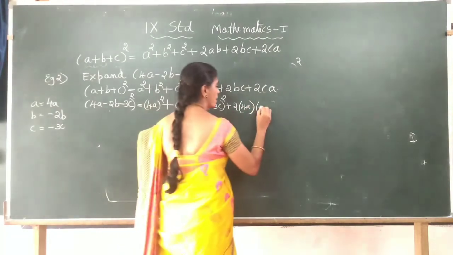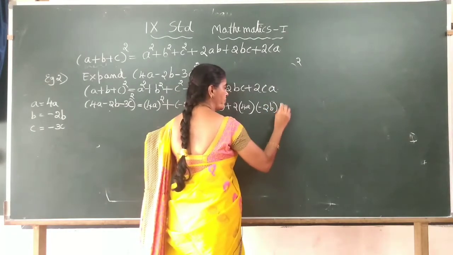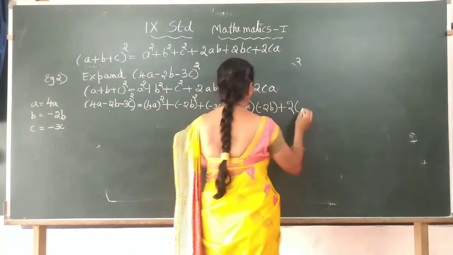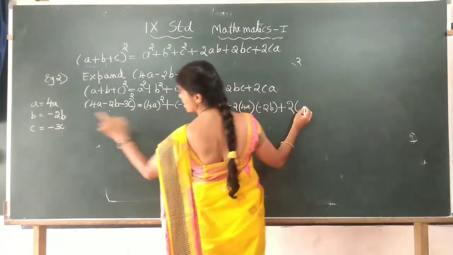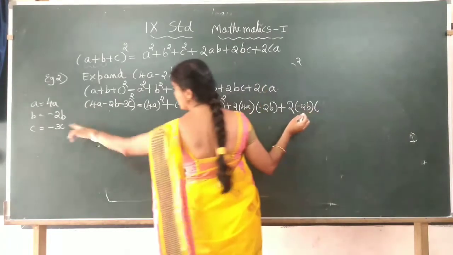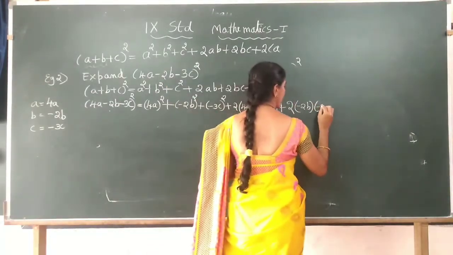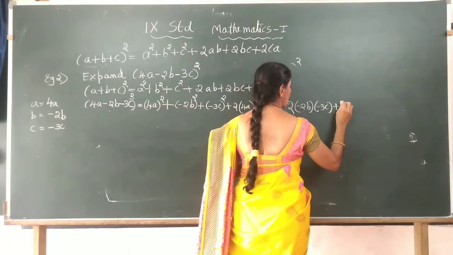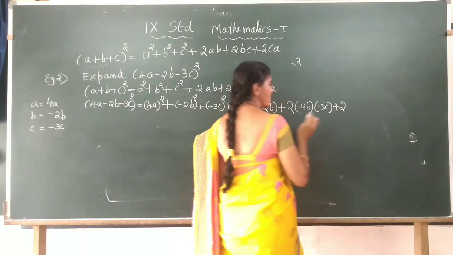2 into A, which is 4A, into B, which is minus 2B, plus 2BC, B is minus 2B into C is minus 3C, plus 2CA.